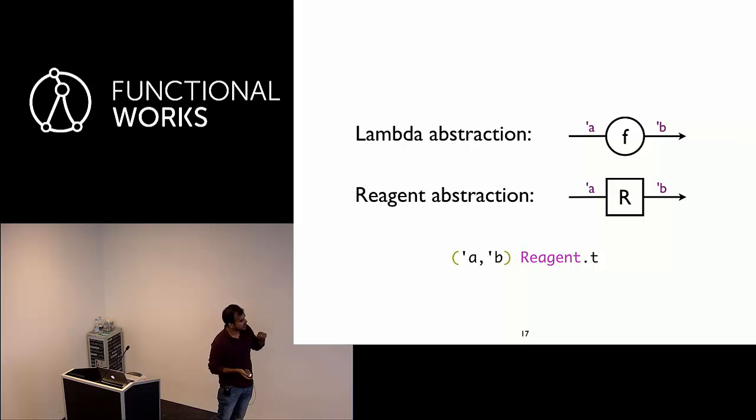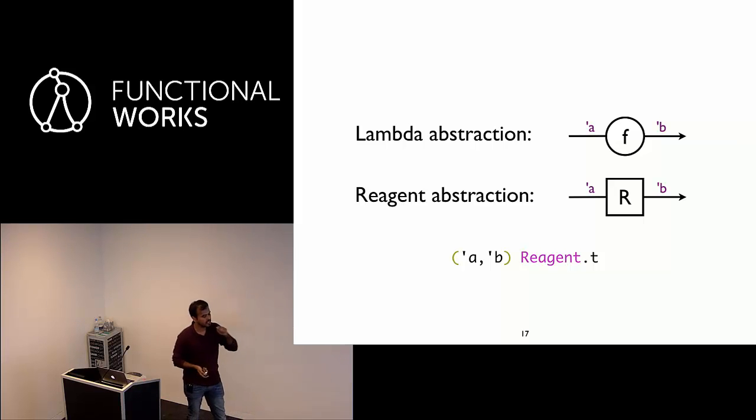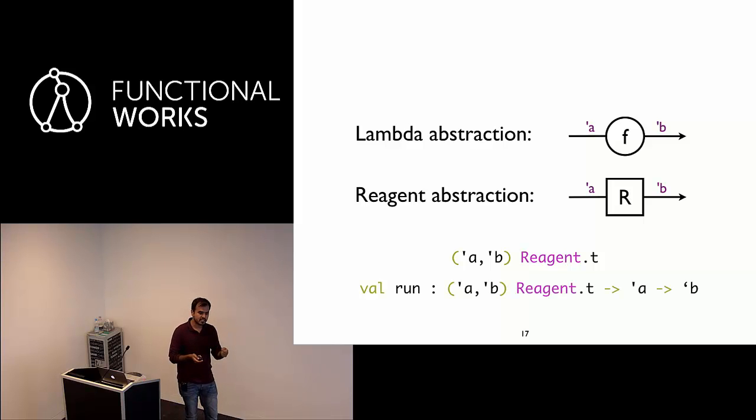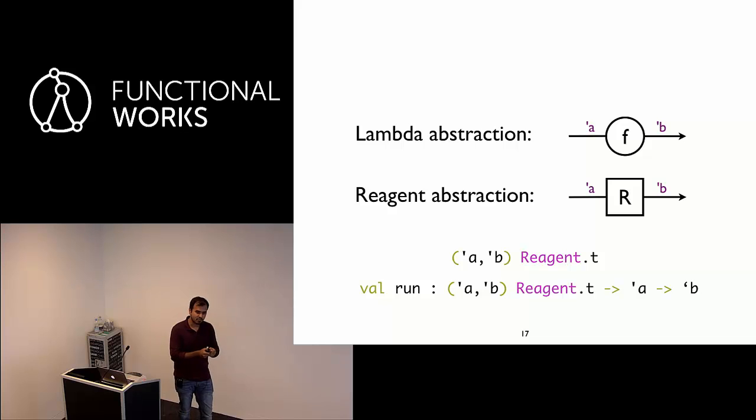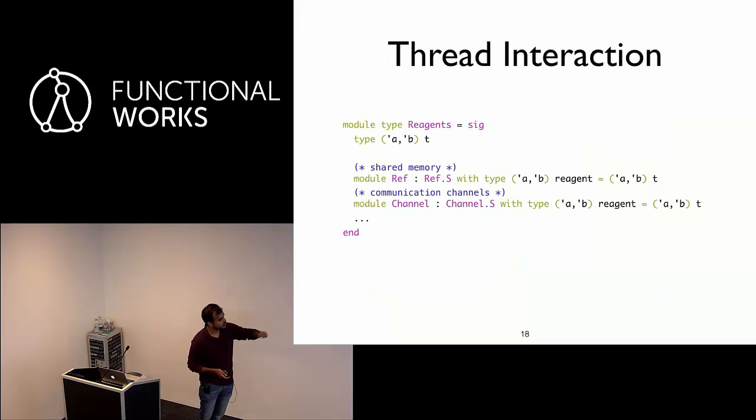We write the type with this OCaml notation, which is ('a, 'b) Reagent.t. And similar to applying functions, Reagents give you a way to run the reagents. While supplying an input value, it runs the whole reagent protocol atomically and then returns you a value.